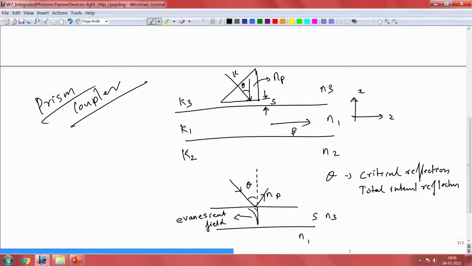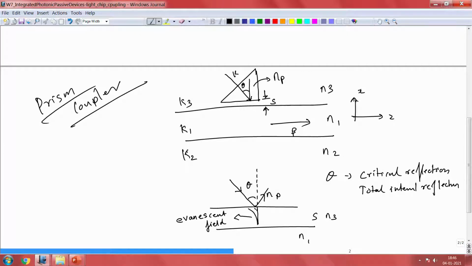I think this is something that you might remember from our earlier discussion on the total internal reflection in optical fibers. You will have oscillating solutions inside the fiber, then you will have decaying solution outside. The same thing happens with this prism as well.